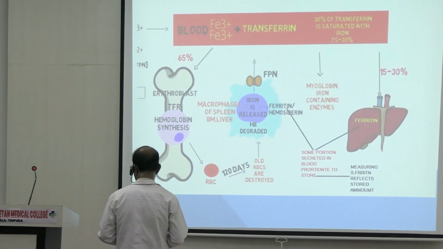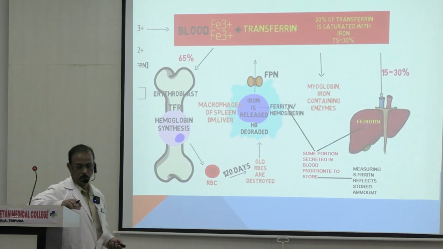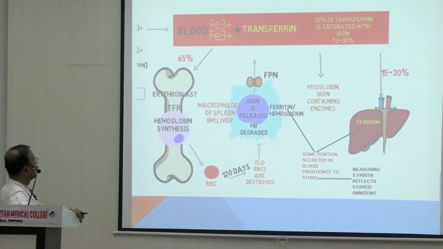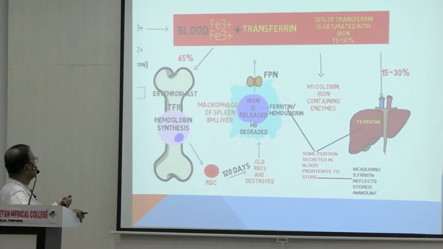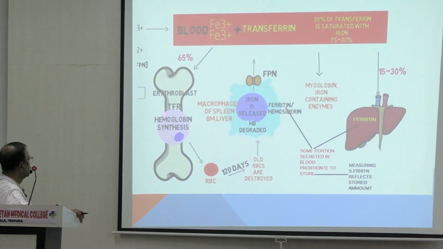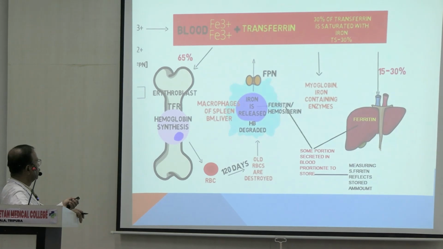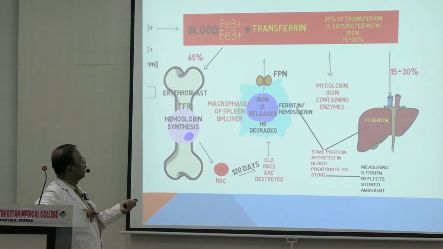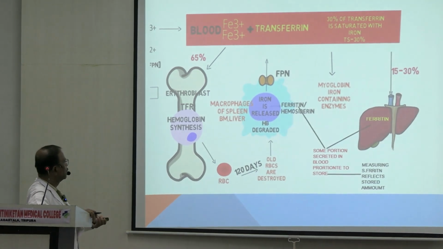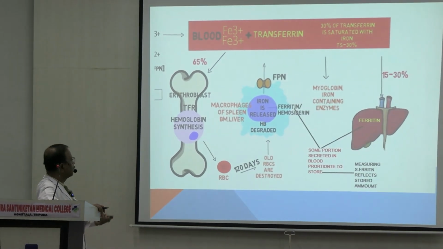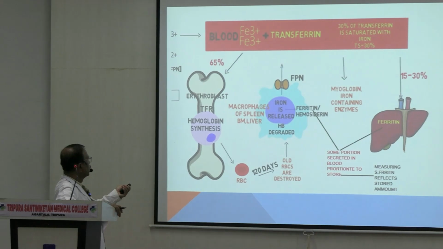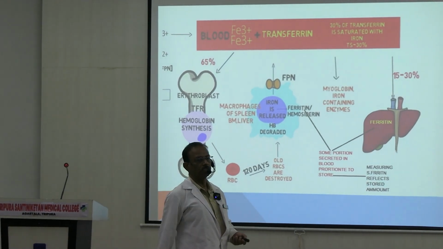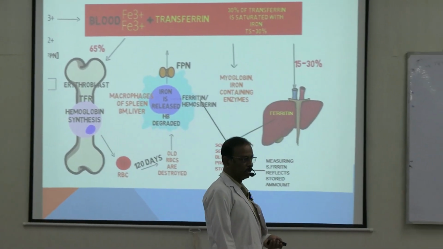So the iron is transported as transferrin. 65% is used for hemoglobin synthesis, and myoglobin, iron containing enzymes, they require about 15 to 30%. And as we know, RBC has a lifespan of 120 days.